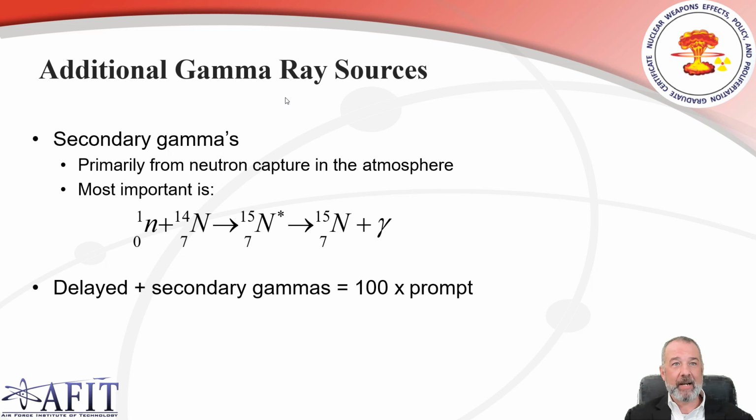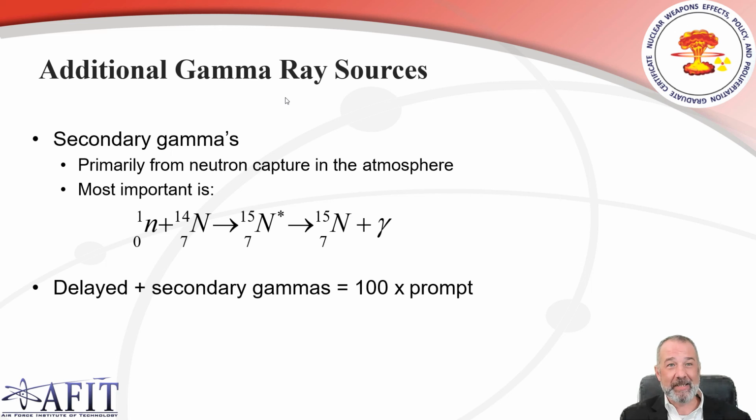And neutrons will interact with normally occurring nitrogen to produce nitrogen-15, which will then de-excite. So we have a radiative capture event, and we have the production of gamma rays from atmospheric nitrogen caused by the neutrons produced by our nuclear weapon. It's quite a convoluted chain of events.